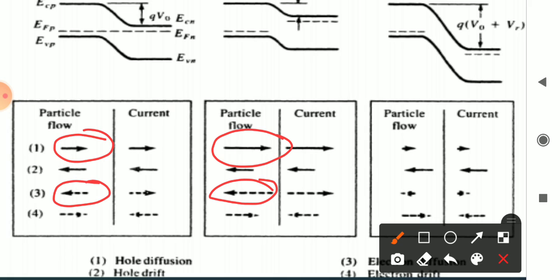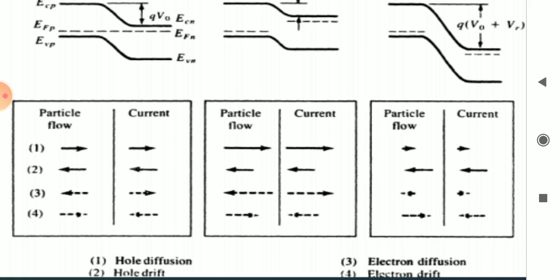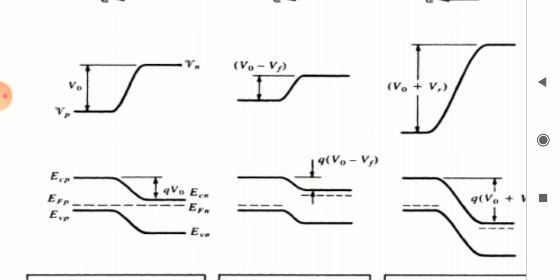Here the length is increased. Why? That is because of the applied electric field. With forward bias, the barrier potential is lowered. The difference in potential is lowered. So this potential is lowered in the sense that more electrons in the N side of the conduction band have sufficient energy to diffuse from N to P over the small barrier.